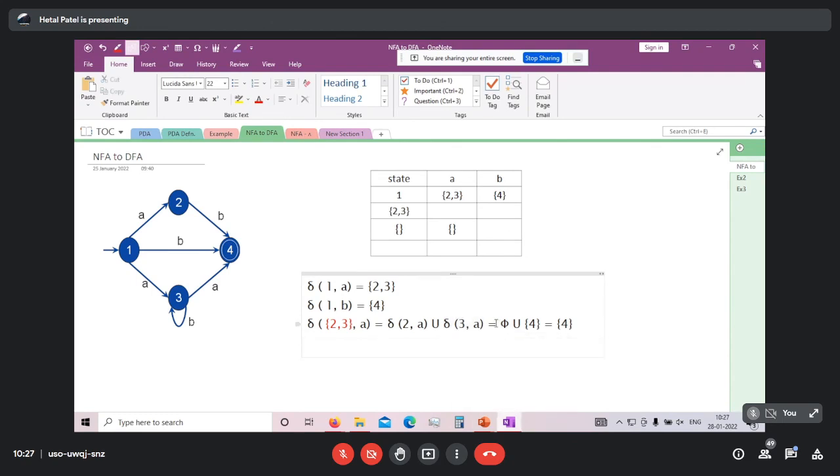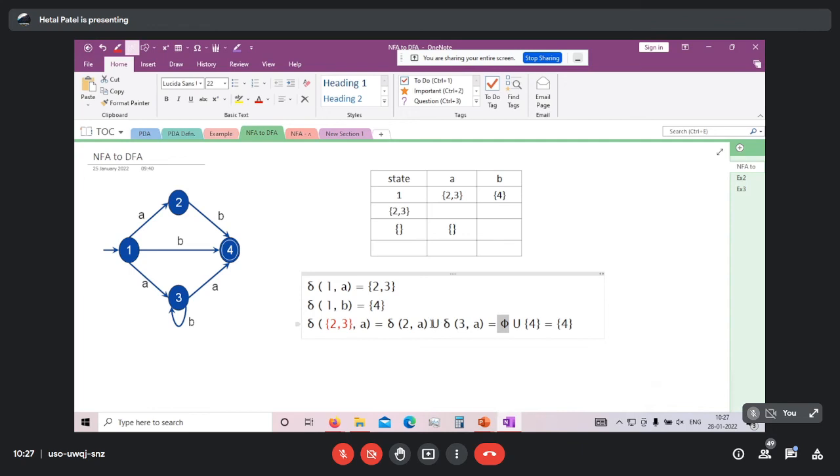So what is the next movement? Just look at this properly, your finite automata, right? State 2 with input symbol A, nothing. There is no transition given in your non-deterministic finite automata for state number 2. So what we write is a dead state or an empty state, right?